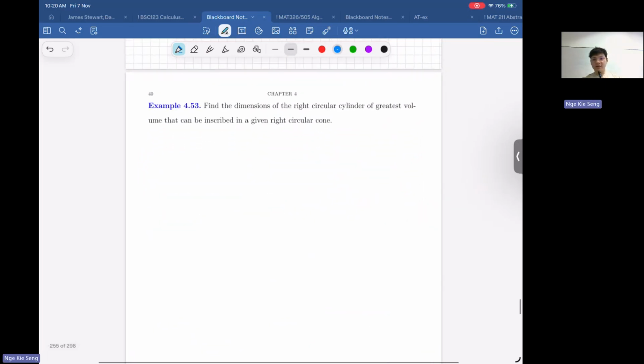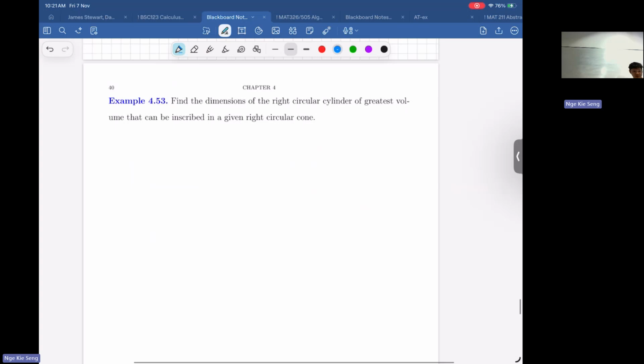Next, should we do this? This question is a bit tricky. It uses a similar triangle that we met last time, if you still remember the airplane question. Let's see what it asks for. Find the dimension of the right circular cylinder of greatest volume that can be inscribed in a given right circular cone. So you want to put a circular cylinder inside a right circular cone. Let's draw the cone.